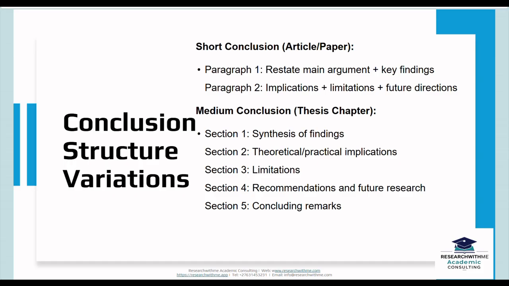For a medium-sized conclusion, as we have in a thesis, you have to synthesize the findings, the theoretical implication, the limitations will be a section on its own, the recommendation for future research will be a standalone, and the concluding part will be the last one, which summarizes everything that you have done from 1 to 4.